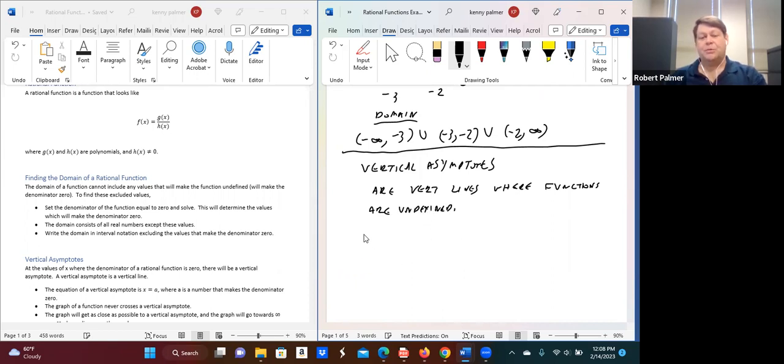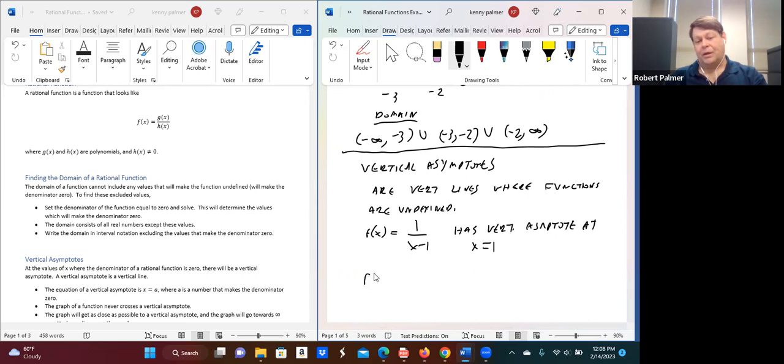Okay, so the examples we just did a minute ago, the first one, f of x equals 1 over x minus 1, has what's called a vertical asymptote at x equals 1.